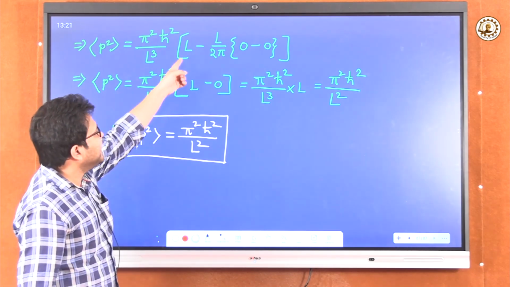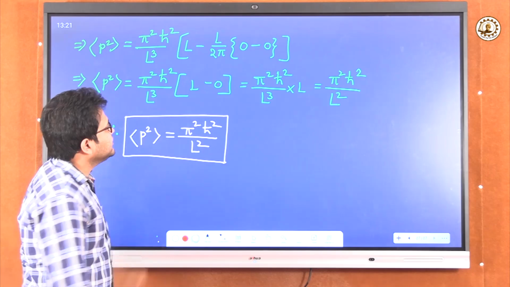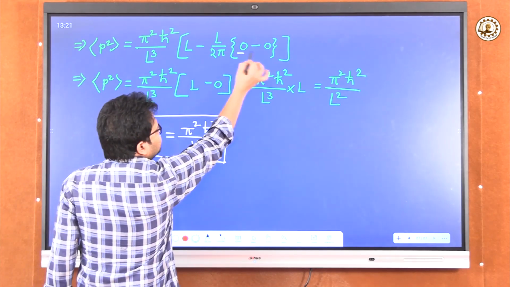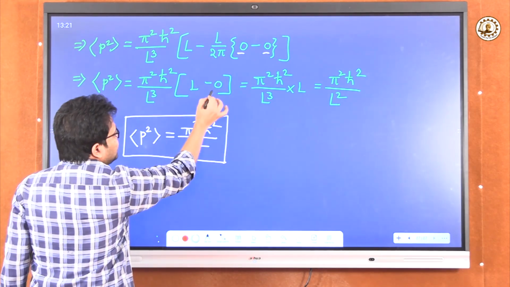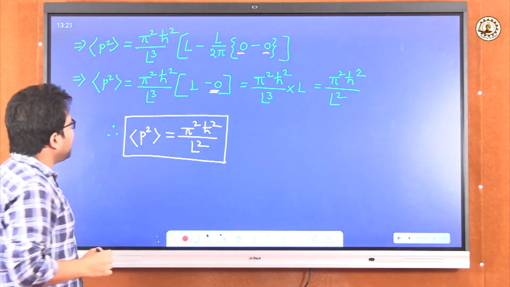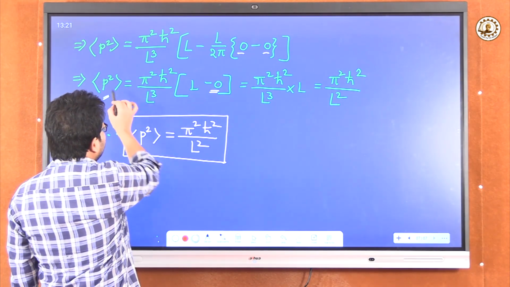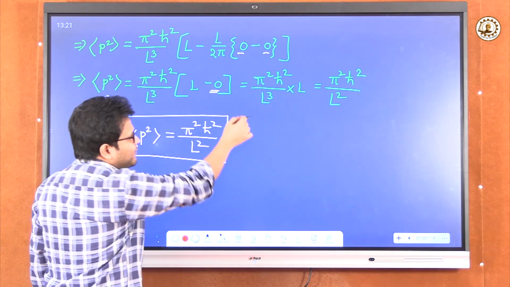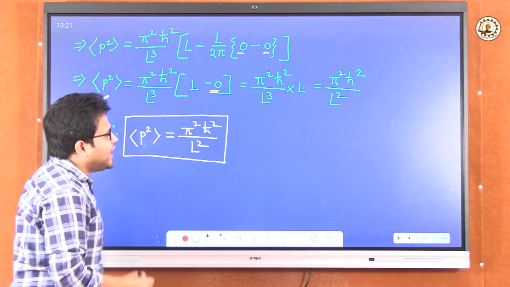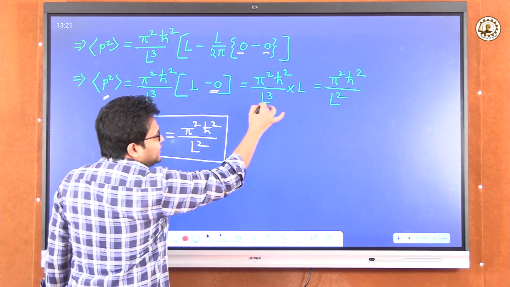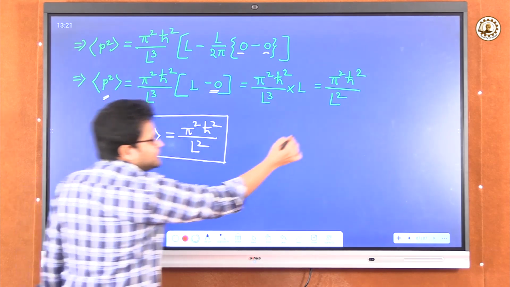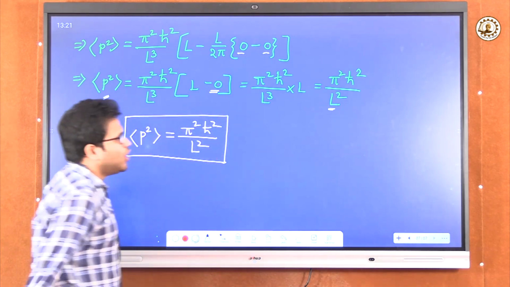Within the third bracket it is L minus L by 2 pi, and in the second term these two quantities become 0. So after calculation and simplification we have average of p square equals pi square h star square by L cube into L. Now this L and this L cube cancel out, which gives us L square in the denominator.